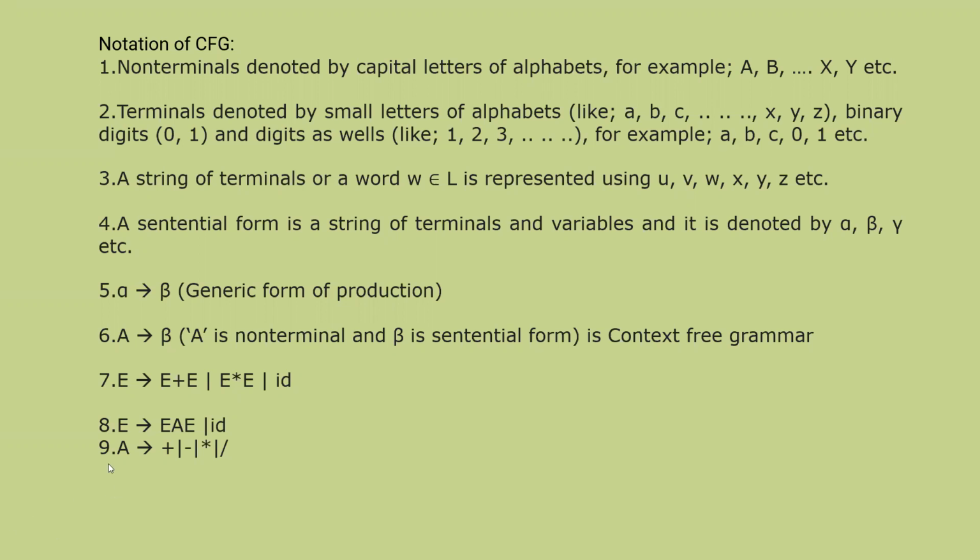Then point 7 here is an example of a context-free grammar. E produces E plus E, or E produces E into E, or E produces ID. You can write it in three different statements, or because it is a common non-terminal which has these three alternatives, you can combine it in this way also.